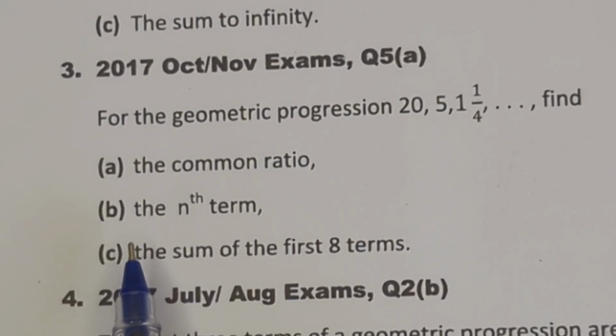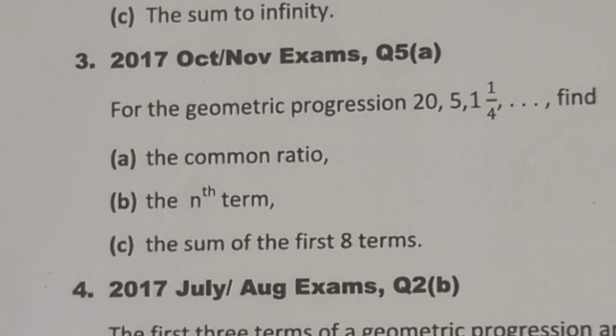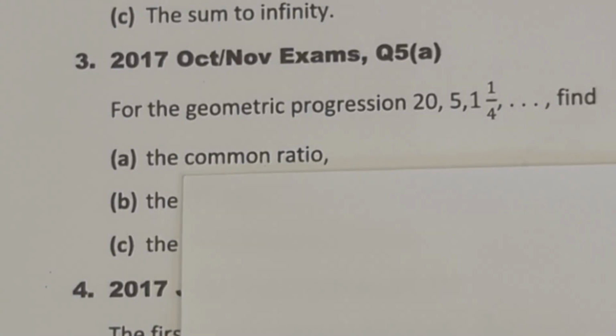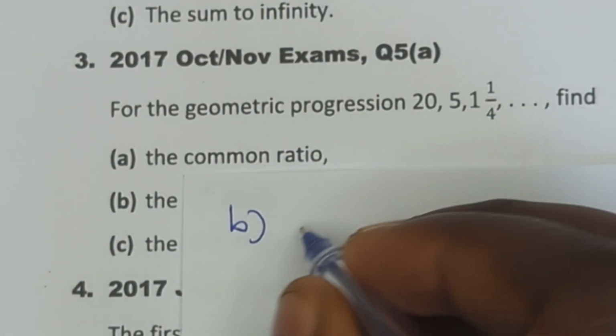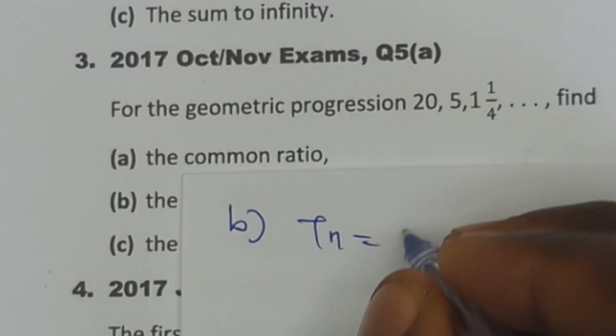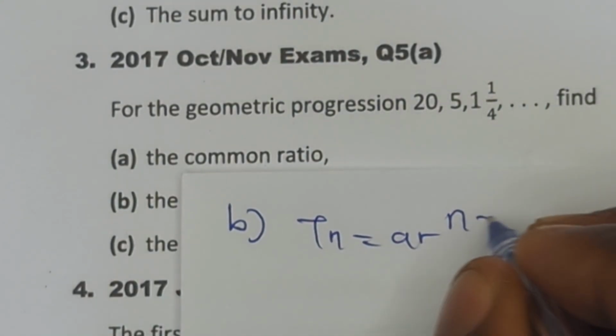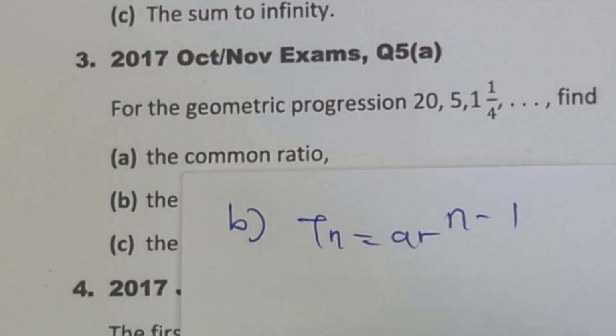The second question, they are saying find the nth term. We are going to apply this formula. So number B, Tn is equal to A R to the power n minus 1.